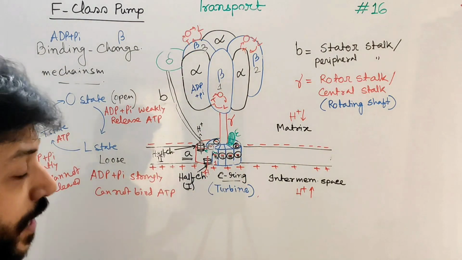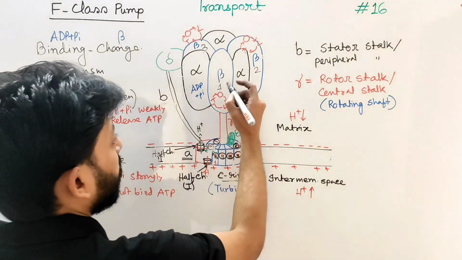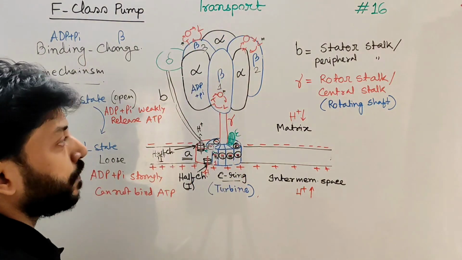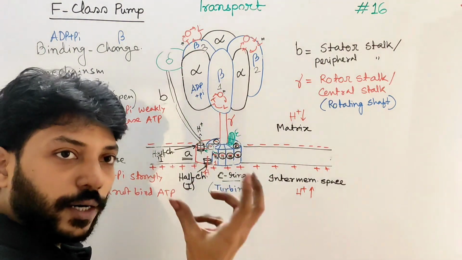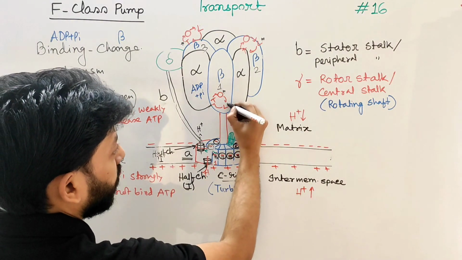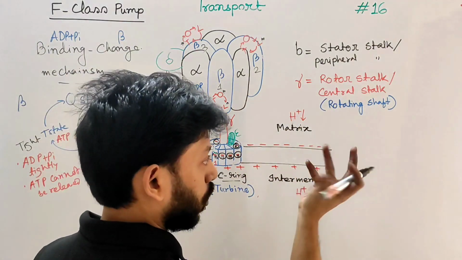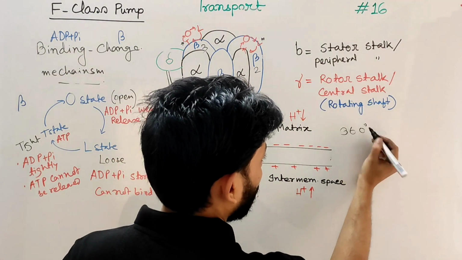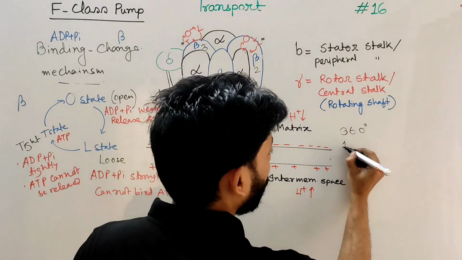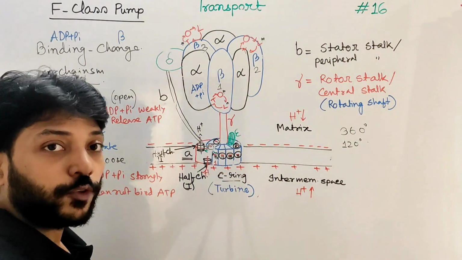So if this is the first beta and it is in the O state, the second will be in the L state, and the third will be in the T state. When the gamma rod rotates, because the complete rotation is 360 degrees, for the gamma to touch all three betas, every 120 degree rotation can cause a conformational change.